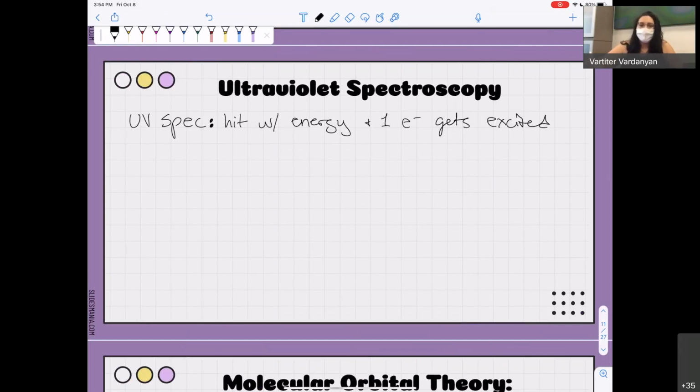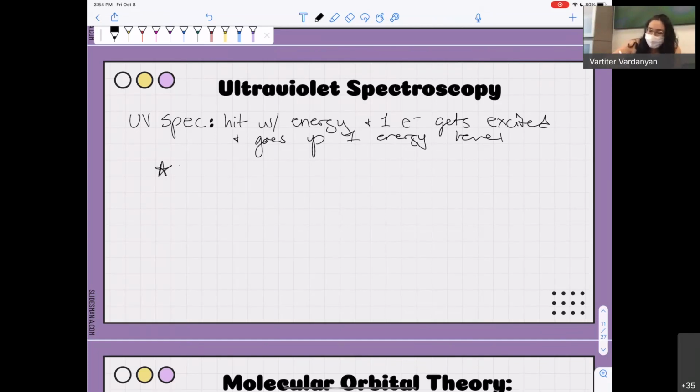And when an electron gets excited, it's going to jump up and go to a different energy level. So the summary basically for UV spec is you hit a molecule with energy, one electron gets excited, and it jumps up one energy level. Yay.